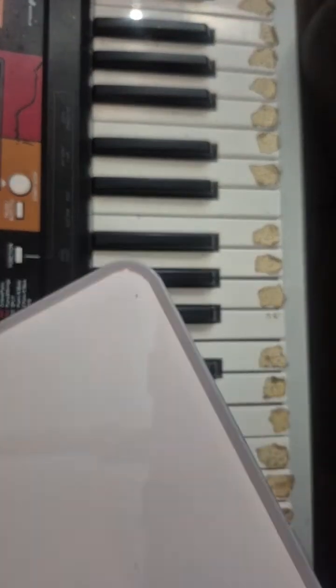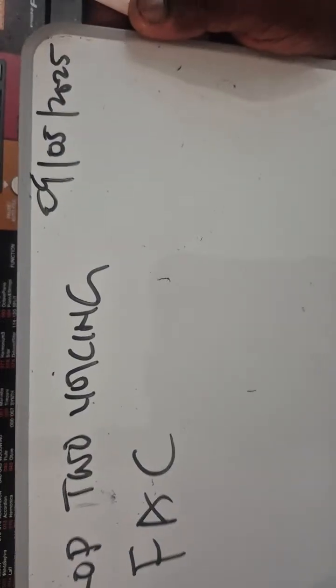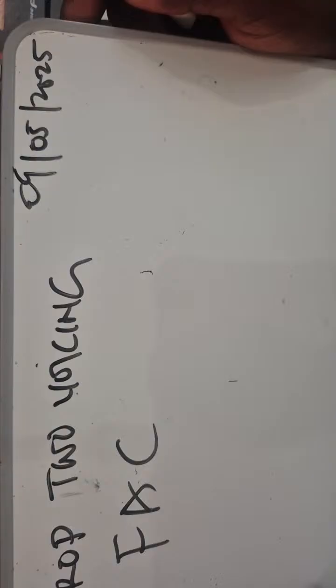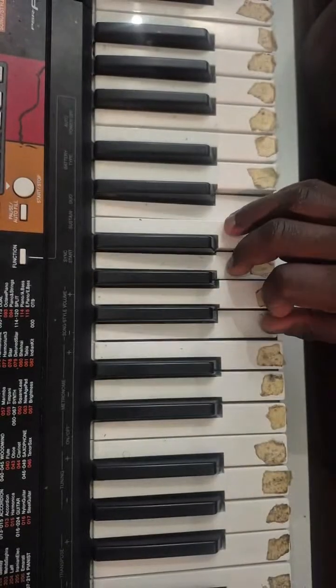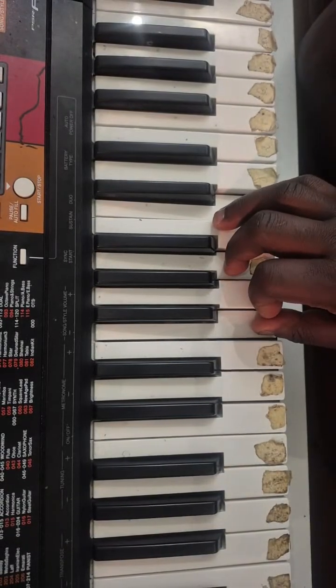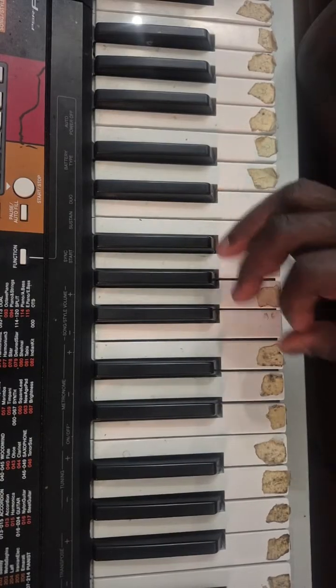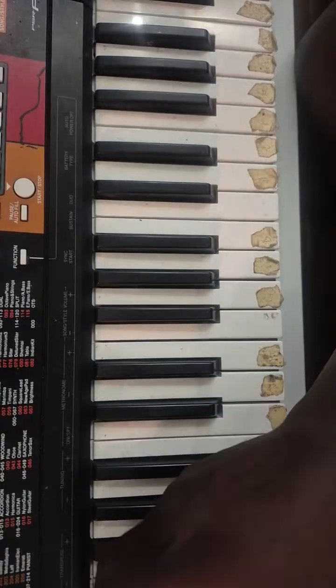So this is just what we are playing. That is how good this concept is. We are not adding any extension, any dominant, any 13th, 11th, or whatever. All we are playing is just this FAC that we have just done now. But the concept of drop two actually changes the way it sounds.